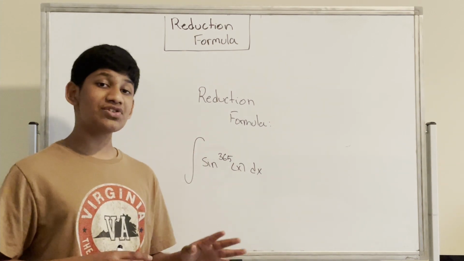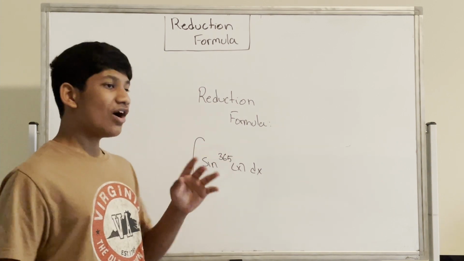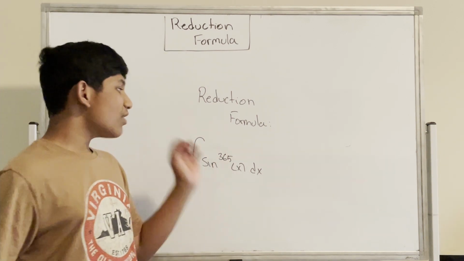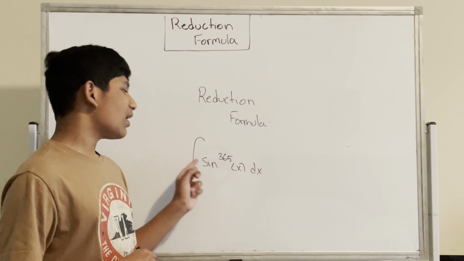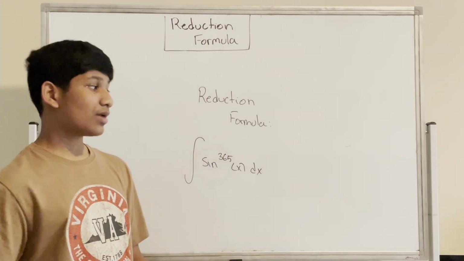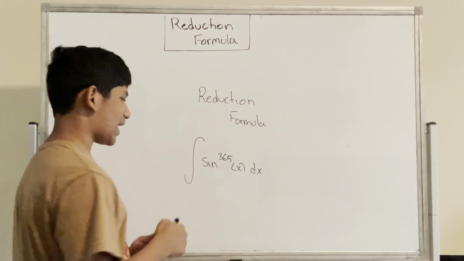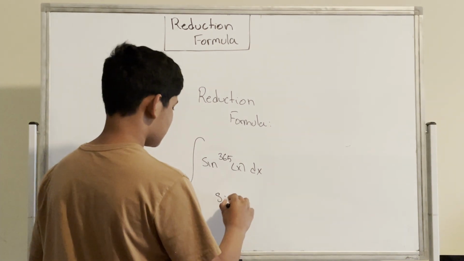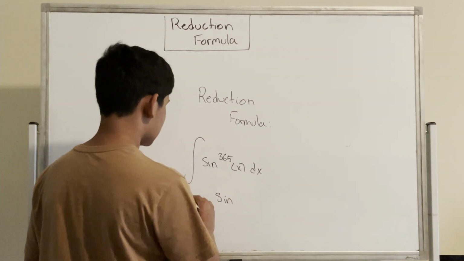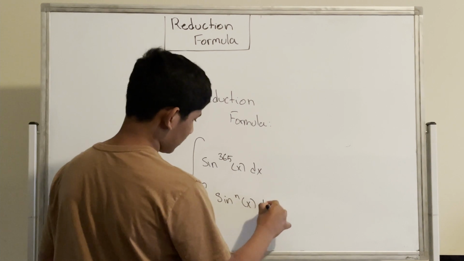And it's also doing this by trying to generalize it. We're trying to generalize this into an n, so trying to cover all possible cases. So if we're trying to find a reduction formula of sin^365 of x, we're essentially just trying to find the reduction formula of sin^n of x. So this leads to the integral of sin^n of x dx.